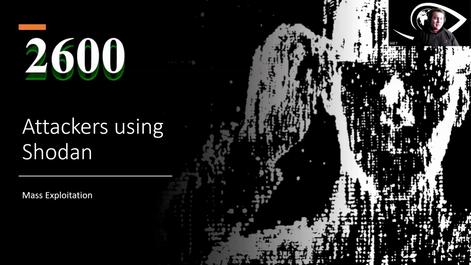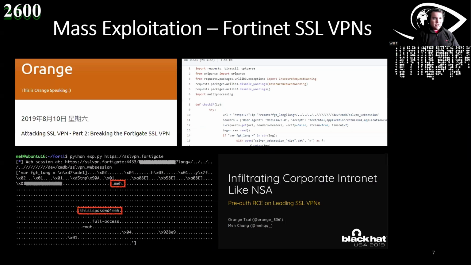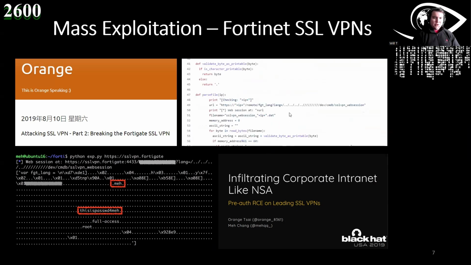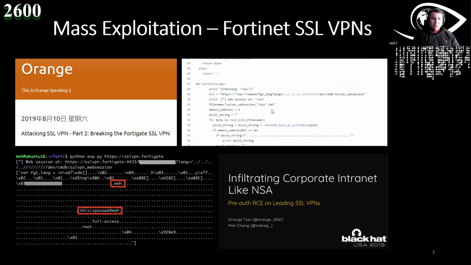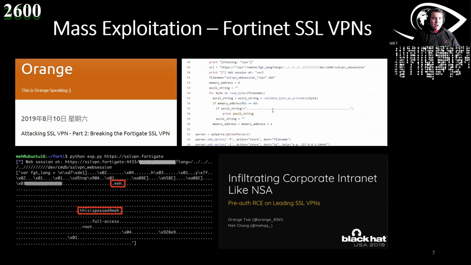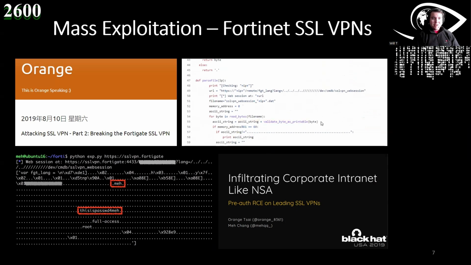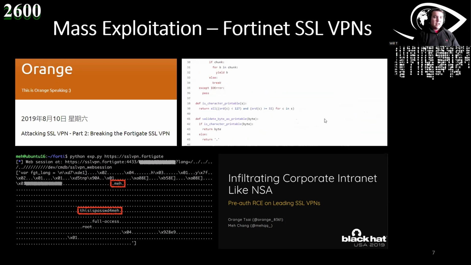Well, that leads me on to my next topic of attackers actually using Shodan. So if you're a threat actor, and you're looking to infiltrate an enterprise network, one of the types of systems that you're likely to target is Fortinet VPNs or enterprise VPNs in general. SSL VPNs over the last 5, 10 years have been a real weak point for many organizations.